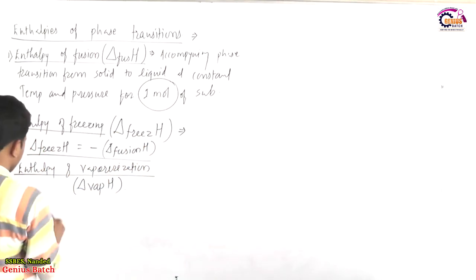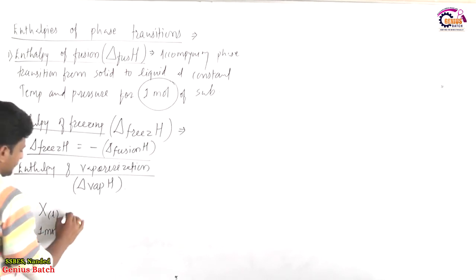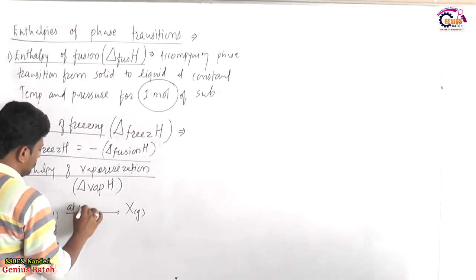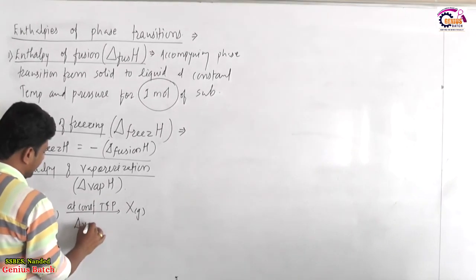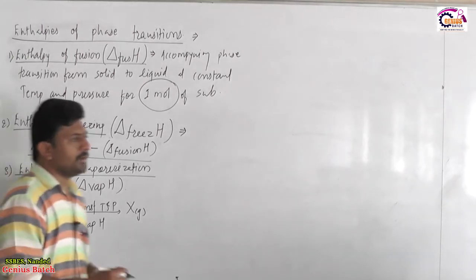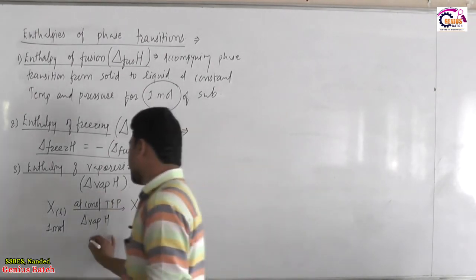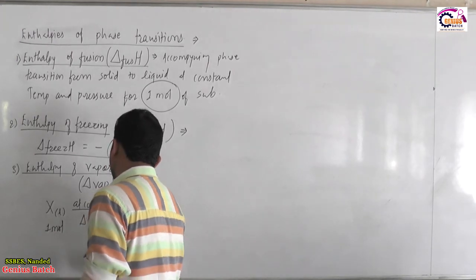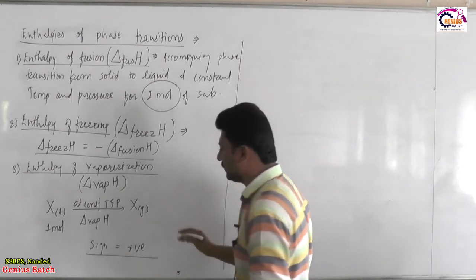So we would represent this as: 1 mole of liquid is converted to 1 mole of gas at constant temperature and pressure. So the corresponding enthalpy change is enthalpy of vaporization. When we represent this, its sign will be positive because it is breaking of intermolecular forces, or the process involves absorption of heat.